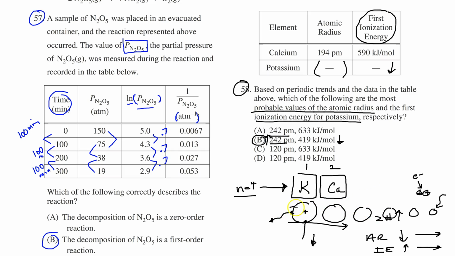And it's all due to, if you're in the same row, very important, it's all due to the nuclear charge, which is tied to the number of protons. And another way to say the number of protons is your Z number. Okay, so 58 is B.